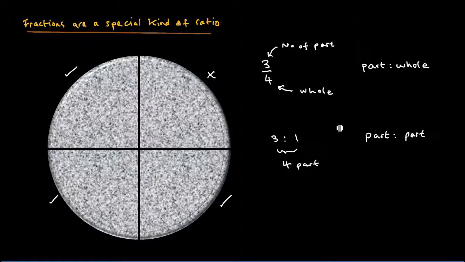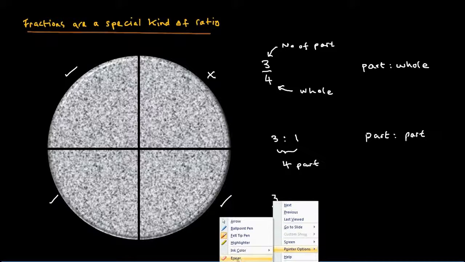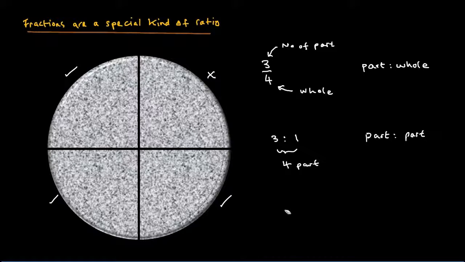So let's say, for example, that I'd confused these two different things. And I can write, and we will write in later videos, a ratio like that. But let's say it's 3 to 4, or let's in fact stick to our disk. Let's say 1 to 3. Okay, so the one part that I left here to the 3. So it's a 1 to 3 ratio, because of course we can read from right to left.